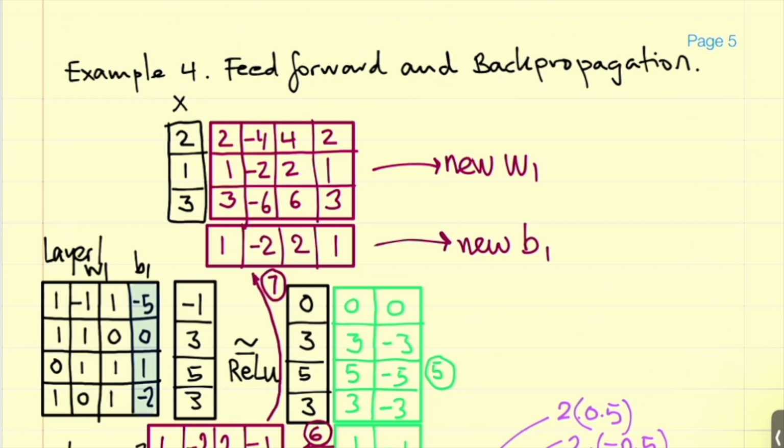So our new weight matrix 1, of course transposed, okay?